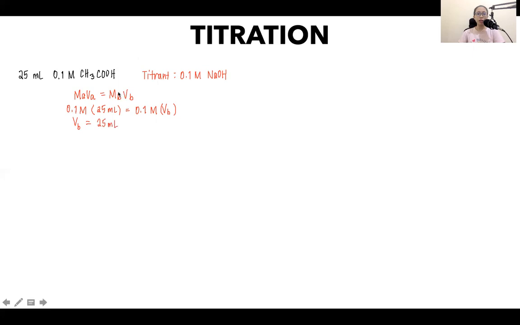So now we can start performing several computations. First, we need the initial pH. This is the pH of our analyte before adding any titrant. This is where we apply the concept of equilibrium. So let's write the dissociation reaction as a guide.